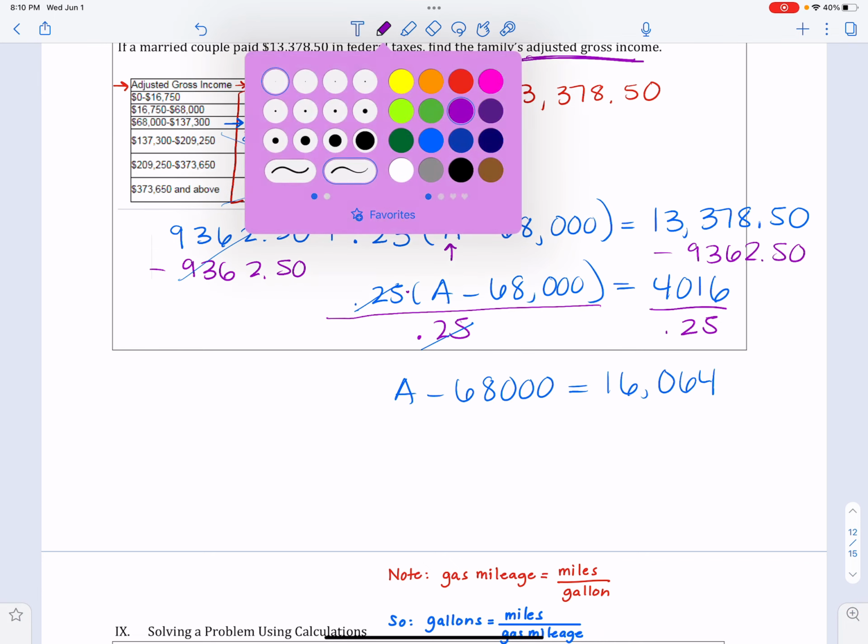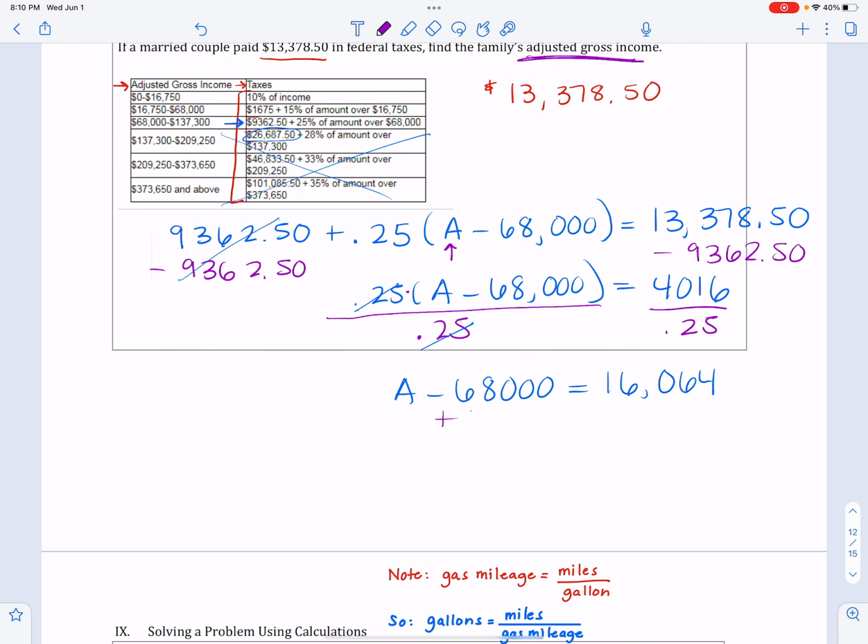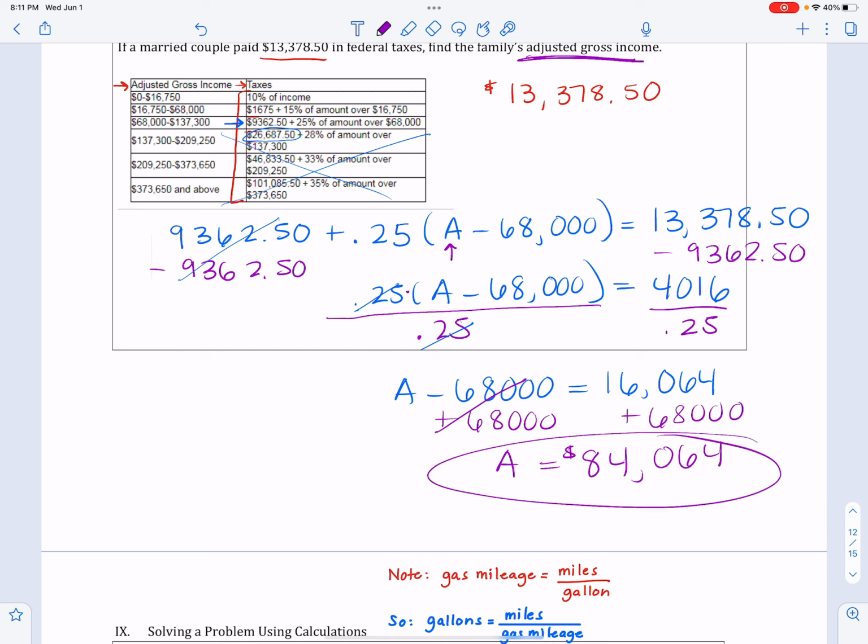And the last thing I need to do to solve for A, you always do the opposite operation. So since 68,000 is being subtracted, I'm going to add that to both sides. It'll go away here. I'll be left with just A, which is what I was looking for. And on the other side, I'm going to have their adjusted gross income at $84,064.